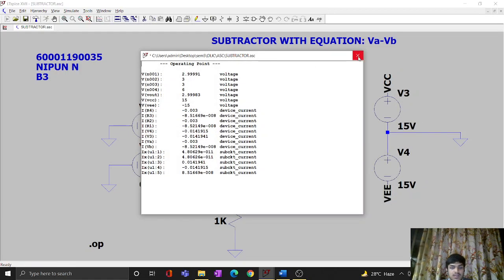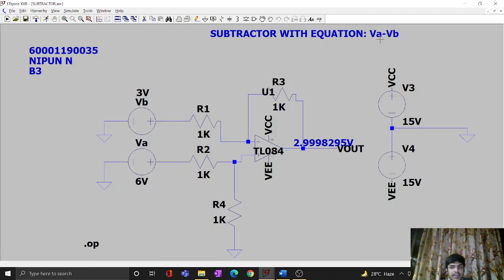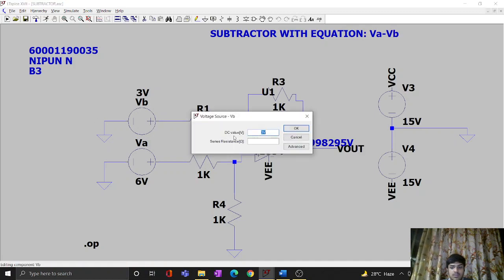As you can see, theoretically we should be getting VA minus VB, as 6 minus 3, equal to 3 volts, and in the output the TL084 provides a value really close to 3. To verify other values, I can change this to some other value and change this to some random value as well.